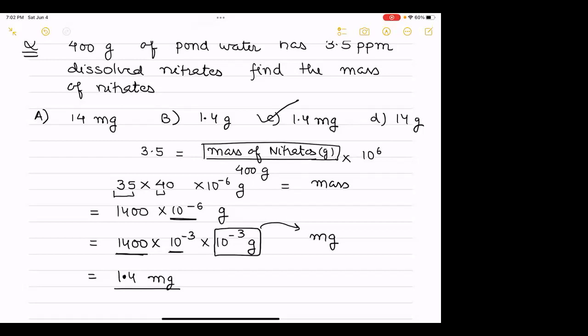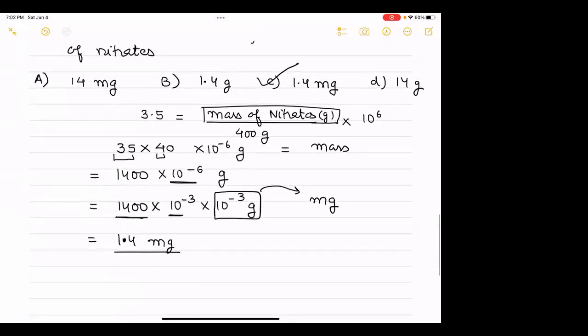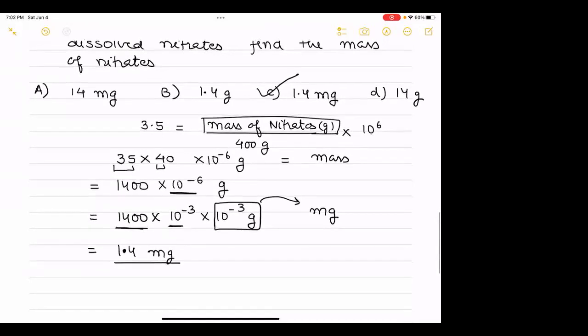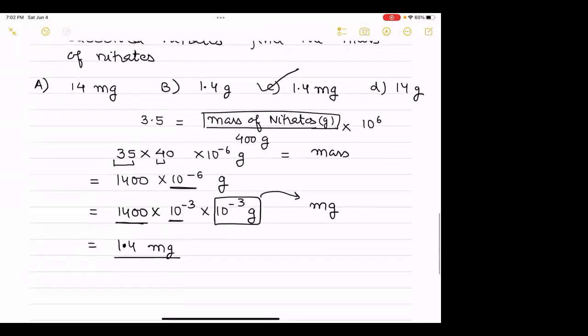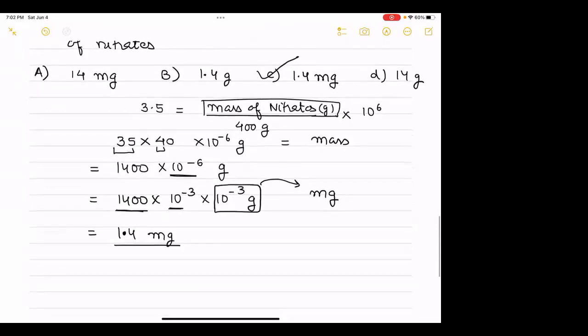So yeah, and the other thing is the mole fraction. Mole fraction is also used to express the concentration in terms of mole. Okay, so mole fraction is the mole of a component divided by total mole of all the components which are present in the solution, and you may be asked to convert the mole fraction into mass percentage and mass percentage into mole fraction.